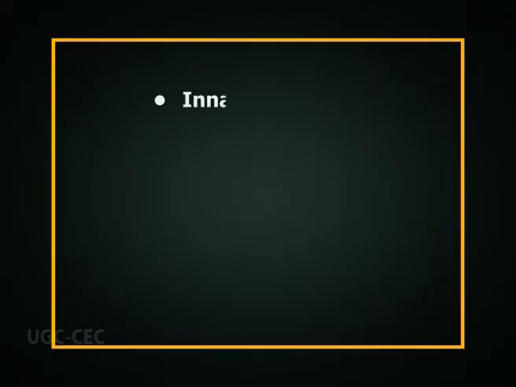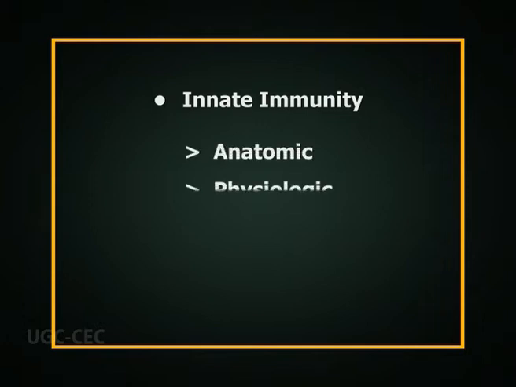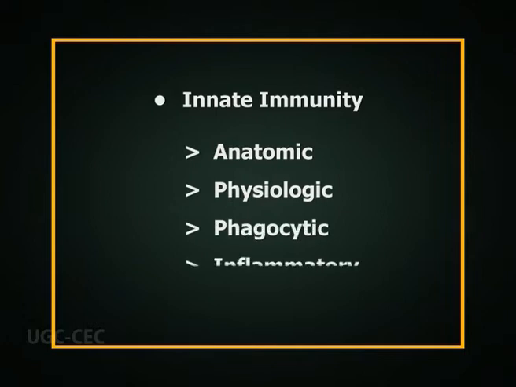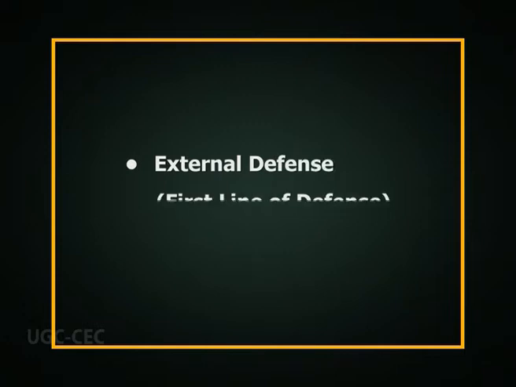One form of non-specific resistance is called species immunity. Innate immunity comprises 4 types of defense barriers: anatomic, physiologic, phagocytic, and inflammatory.